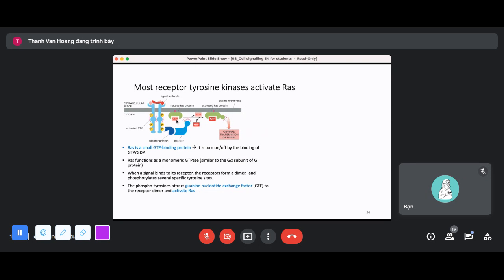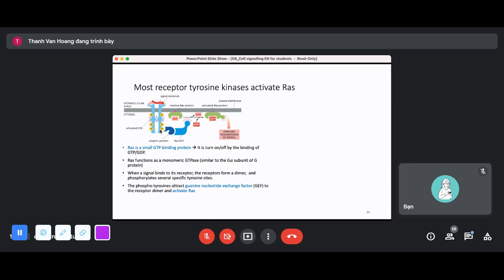Okay. So how can RAS be activated? It happens through the receptor tyrosine kinase. When a signaling molecule binds to its receptor, the two receptors come close together and phosphorylate each other.